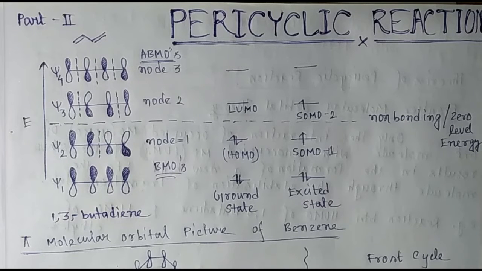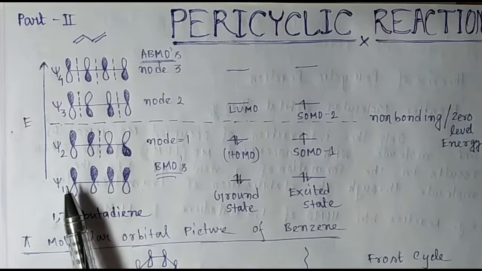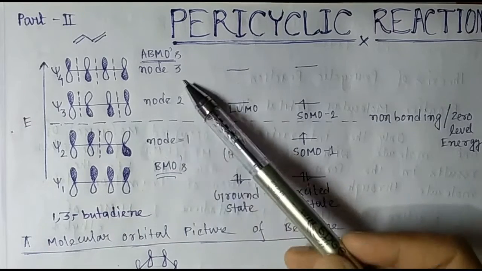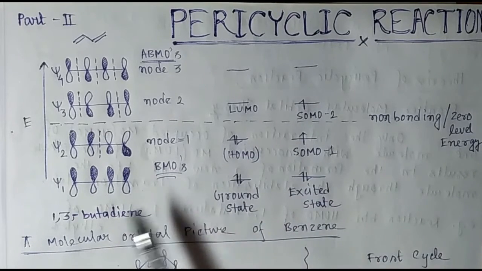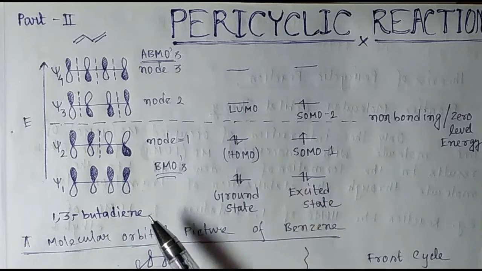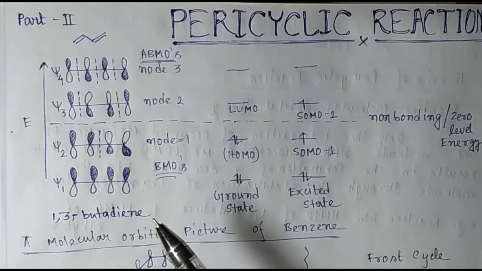So we will first draw the 4 p orbitals of the 4 carbon atoms and 4 levels of energy, and we will put nodes one by one, with higher energy levels getting more nodes.